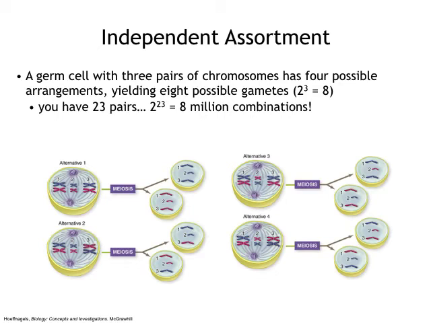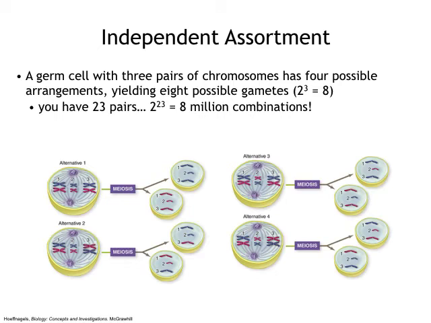If you have 2 sets of 3, that can give you 8 different combinations, because that's 2 to the power of 3: 2 times 2 is 4, 4 times 2 is 8. You have 8 possible gametes. If you count the different possible gametes as far as their chromosome makeup, in the example we looked at below, there are 8 different ones.